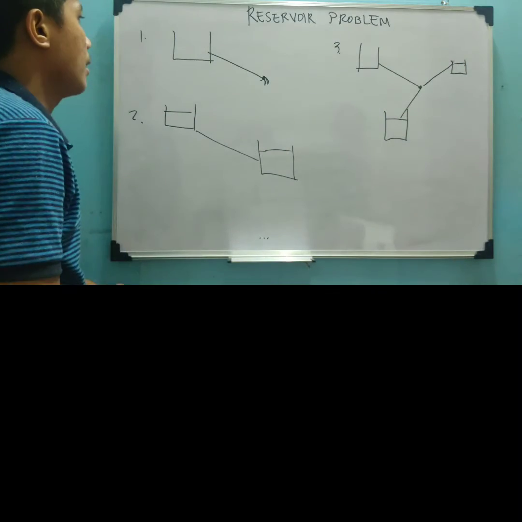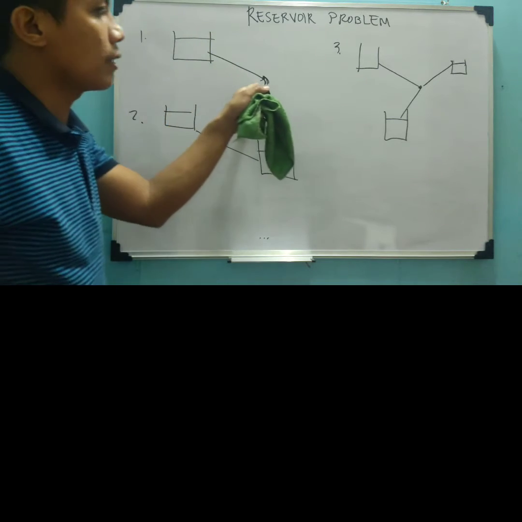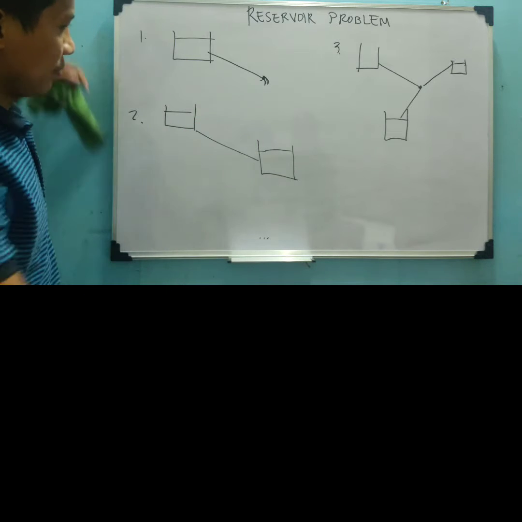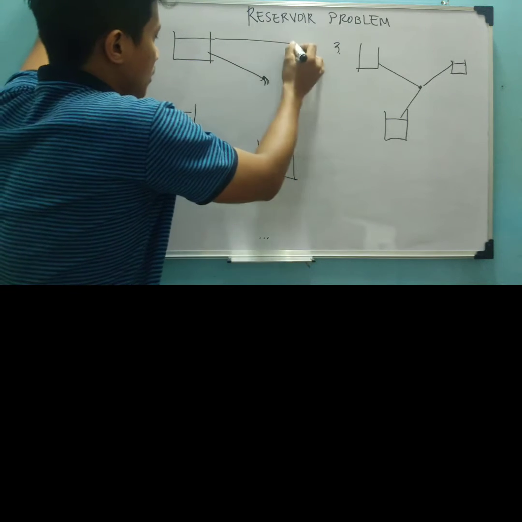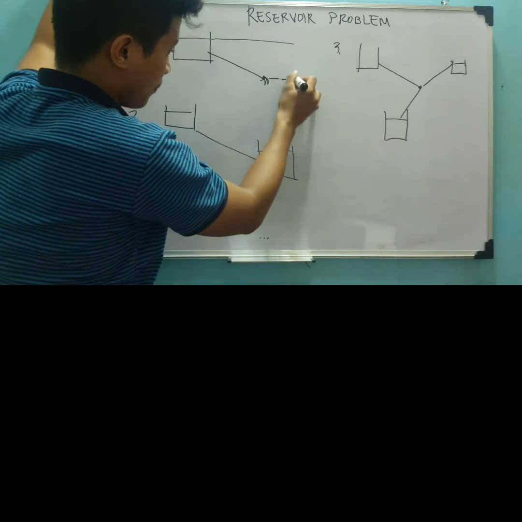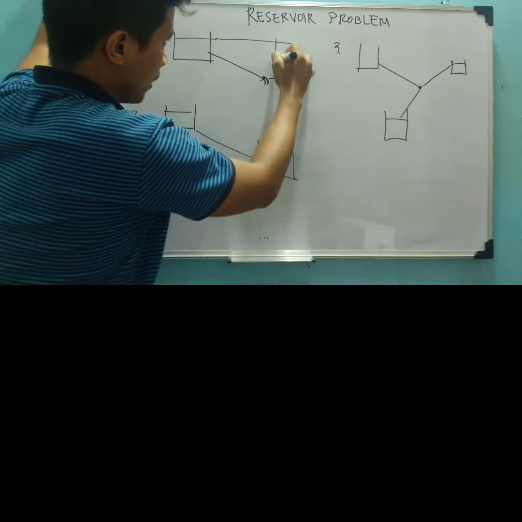So, for a single reservoir discharging to a pipe, the total head loss there is the difference between the tip of the pipe and the water elevation. That will be the head loss.